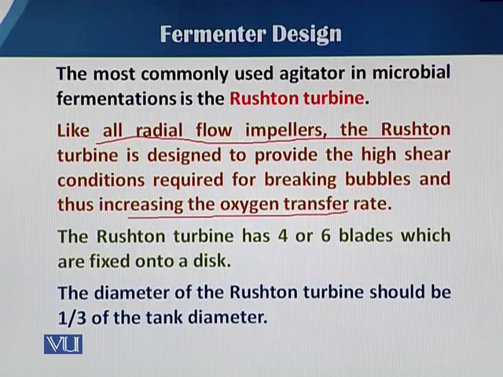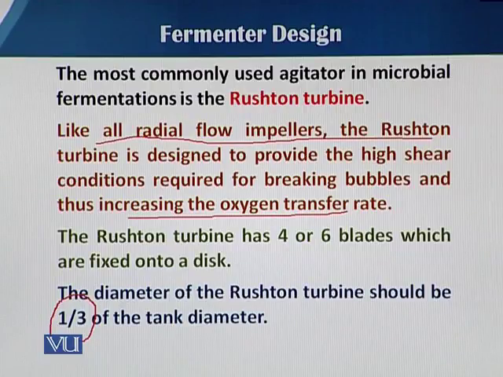The point here, which we have already discussed while talking about the geometrical ratio of single impellers or multi-impellers, is that the ratio between the Rushton turbine impeller width and the diameter of the fermenter is 0.33. You can directly see here that 1/3 of the total diameter of the fermenter should be the width of the impeller space.